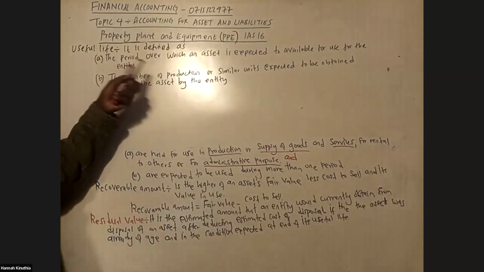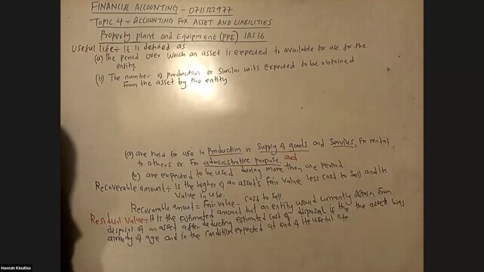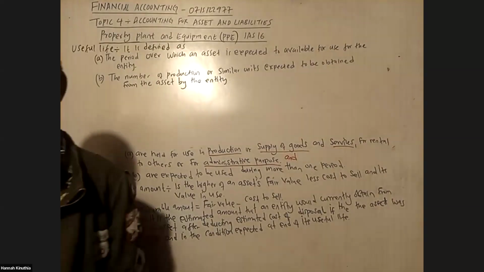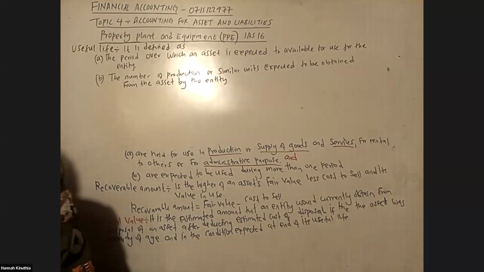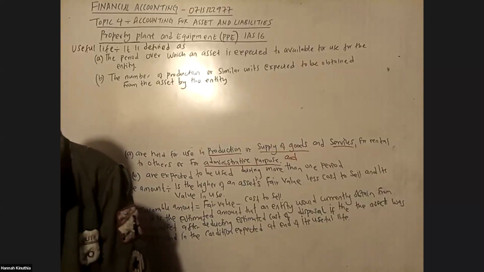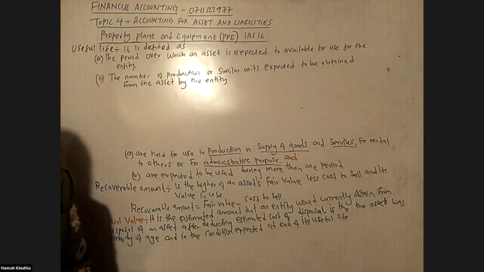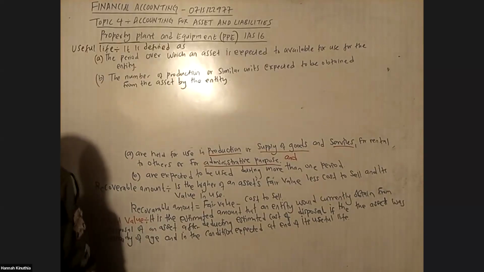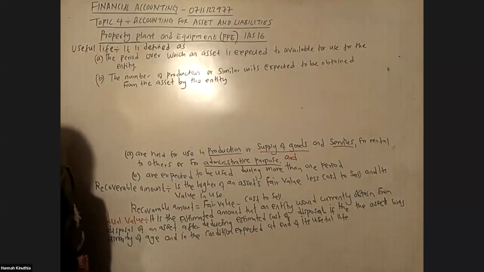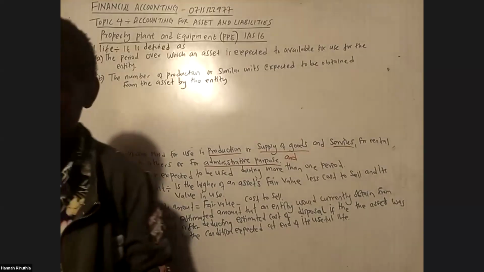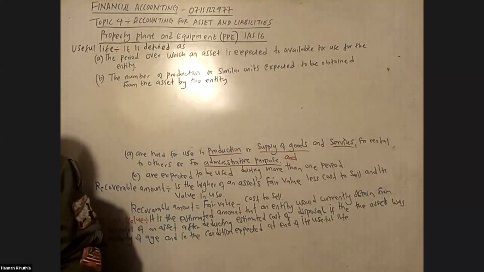Number one, it's the period over which an asset is expected to be available, so the time period that it's expected to be used before that asset is sold as scrap is called the useful life. Or number two, the total number of production that you expect to obtain from that asset.